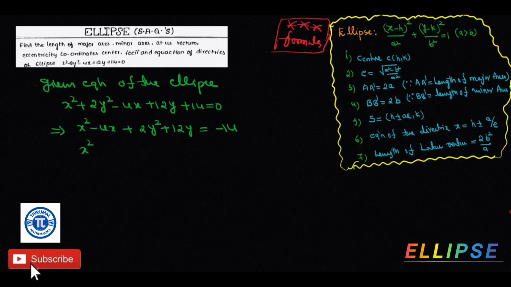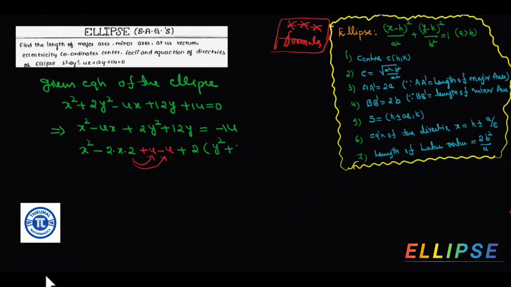Now x square minus 4x is x square minus 2 into x into 2, so here we add plus 4 minus 4, that is 2 square minus 2 square. Next, take 2 common, then we get y square plus 6y is equal to minus 14. The x terms are in the form x minus 2 whole square.